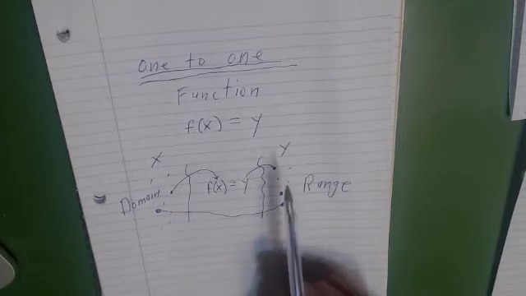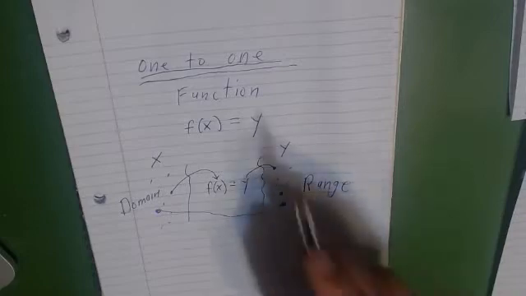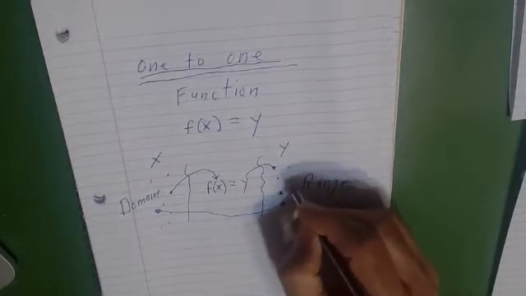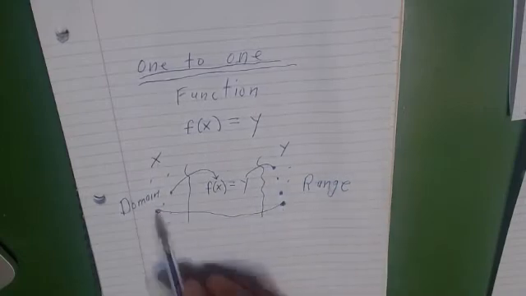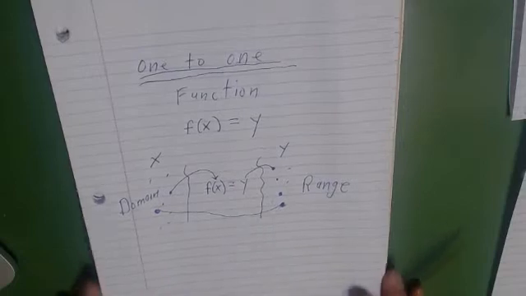That is what we mean by 1-to-1. For any x I select, there can only be one y value, and the reverse is also true. For any y that I select in the range of this function, there is only one x value that produces that y.